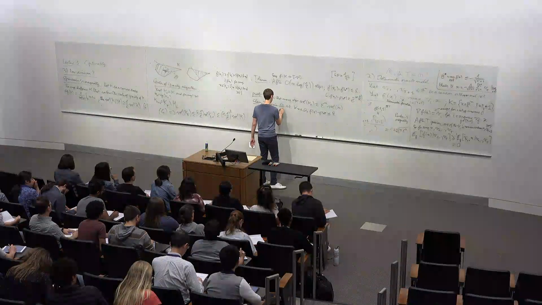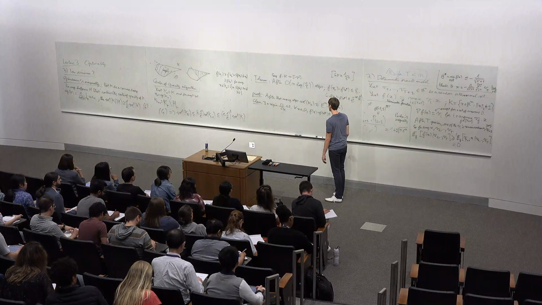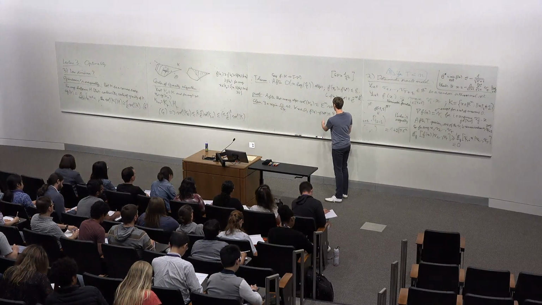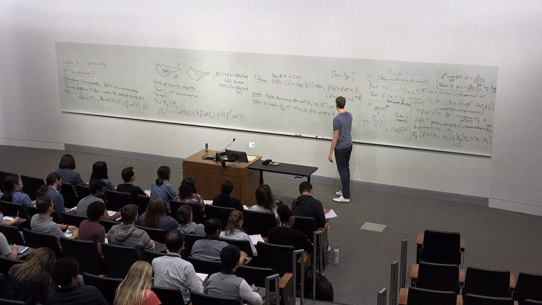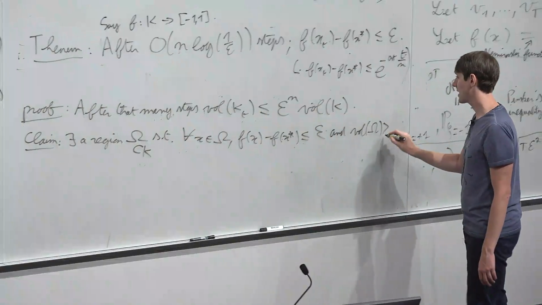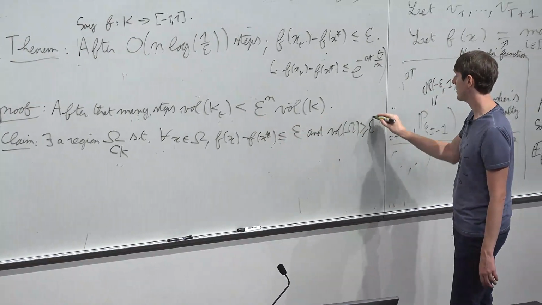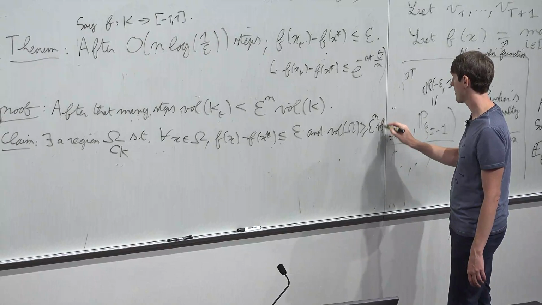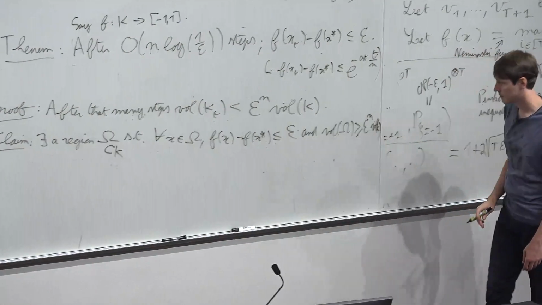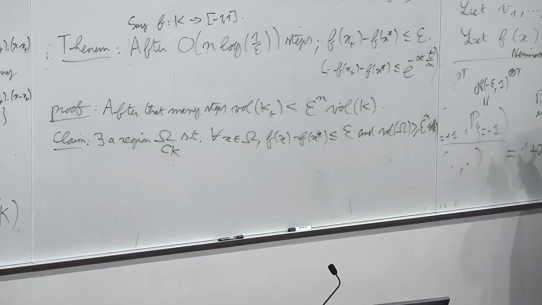So every x in omega is good, and the volume of omega is at least, maybe let me put a strict inequality here, epsilon to the n times the volume of K. And I claim that if this claim is true, then that concludes the proof.